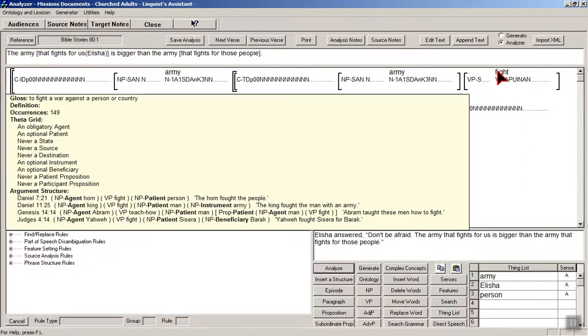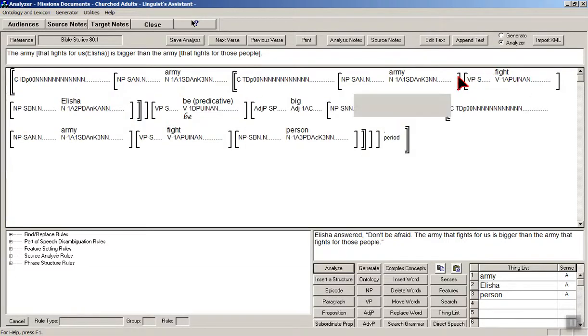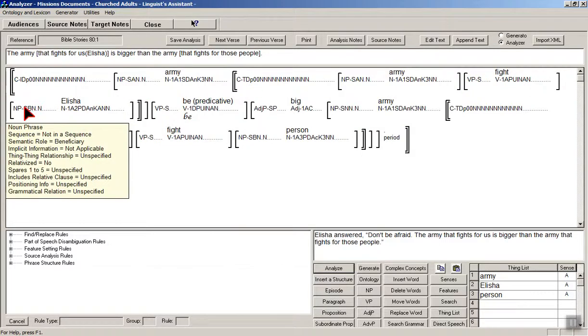Army that fights, and if I hover the mouse over fight, I see in the tan cream shaded box below it says to fight a war against a person or a country, so it got that right.